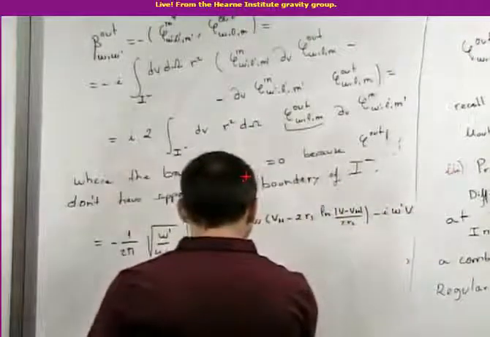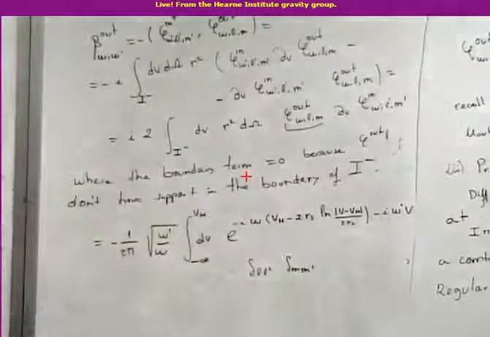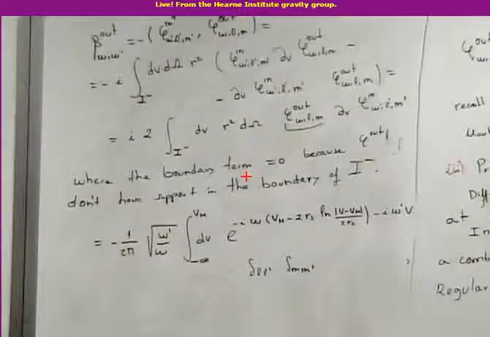And this is multiplied by the Kronecker delta. Great. We have an explicit expression for the beta out.